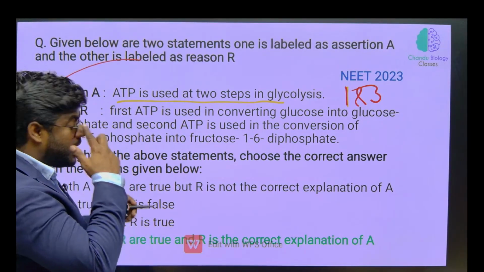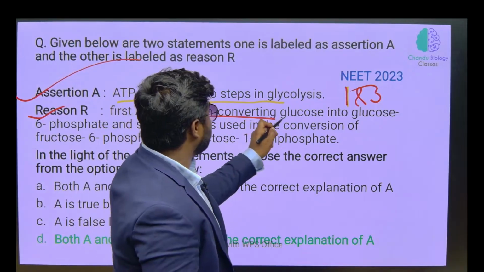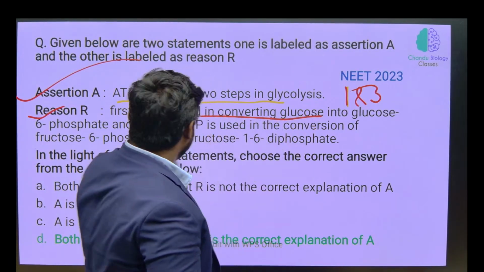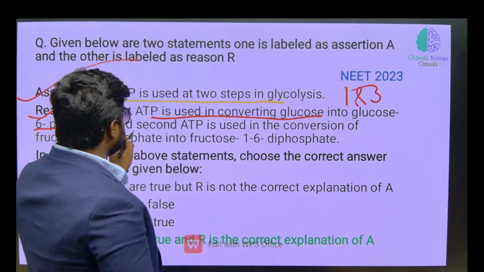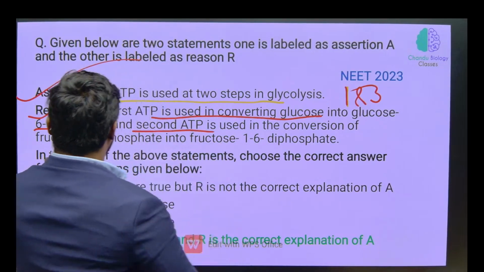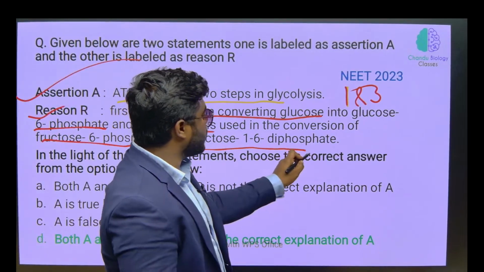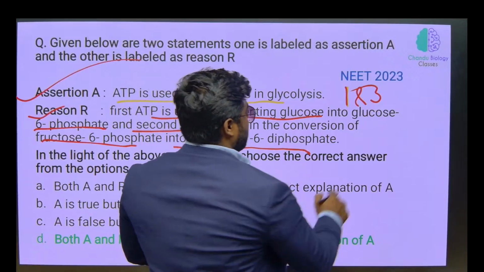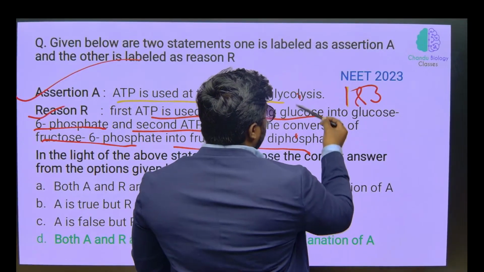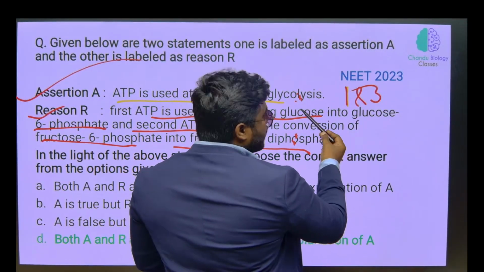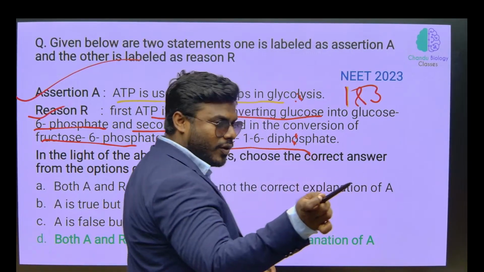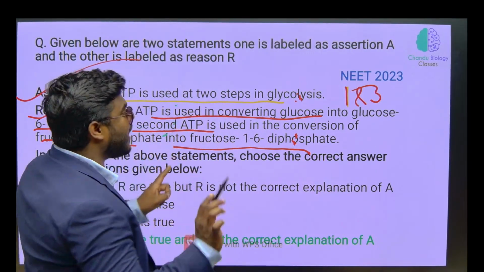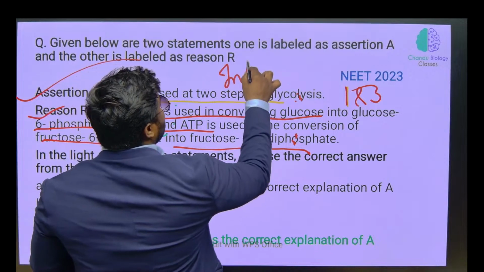The reason says that the first ATP is used in converting glucose into glucose 6-phosphate, and the second ATP is used in fructose 6-phosphate to fructose 1,6-bisphosphate. So both are correct. Very good. That word is very important.